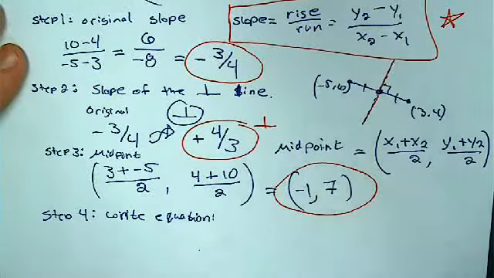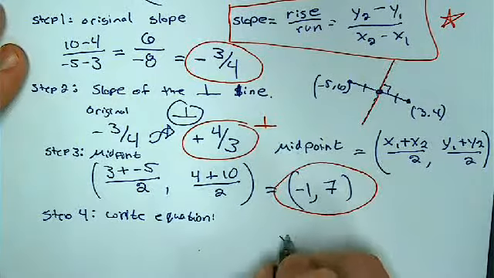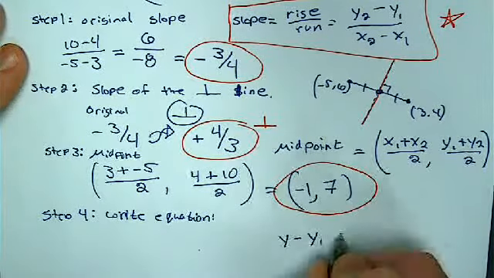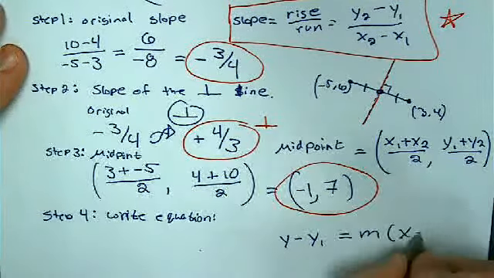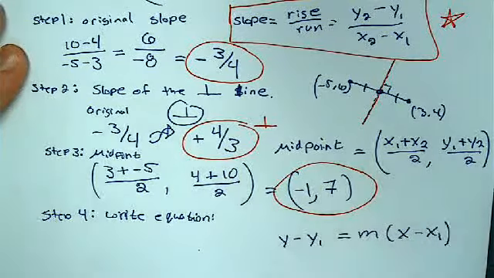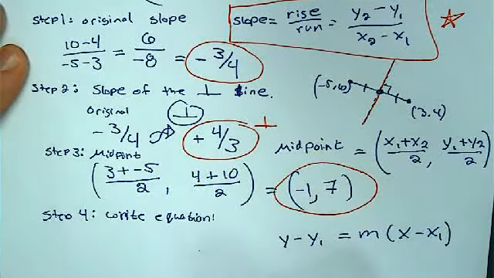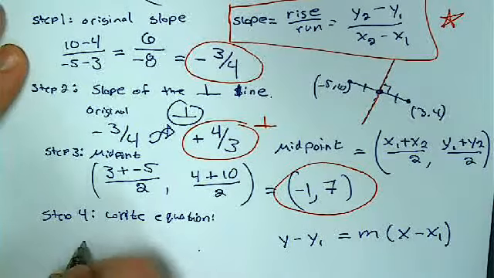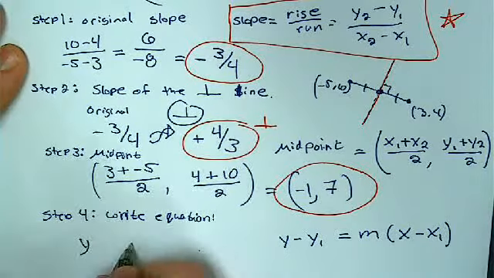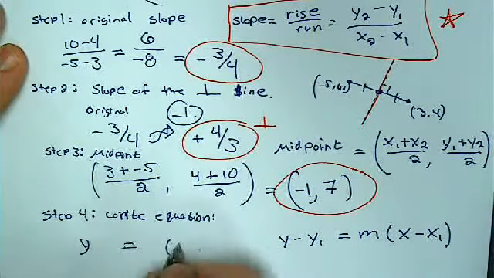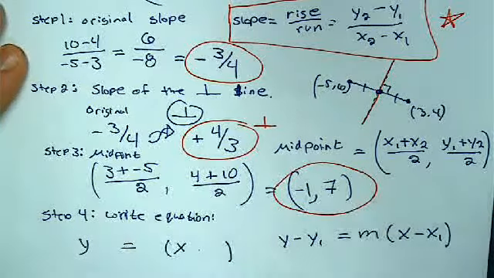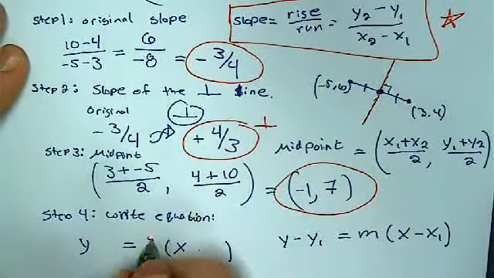Now, as a review here, y minus y1 equals m times x minus x1, that's point slope form. So let's plug everybody in. I have my original y. I know what the slope is. My x. Close parentheses. The slope is 4/3.